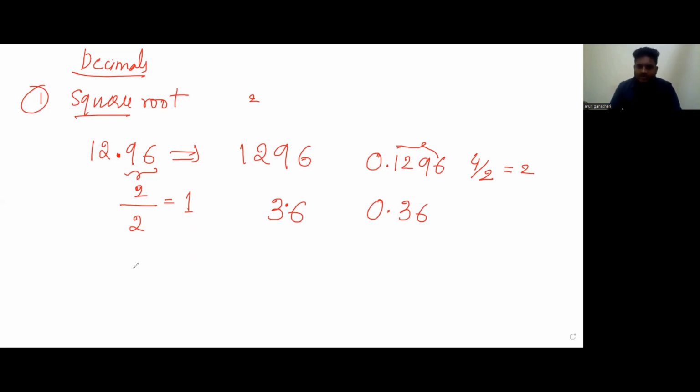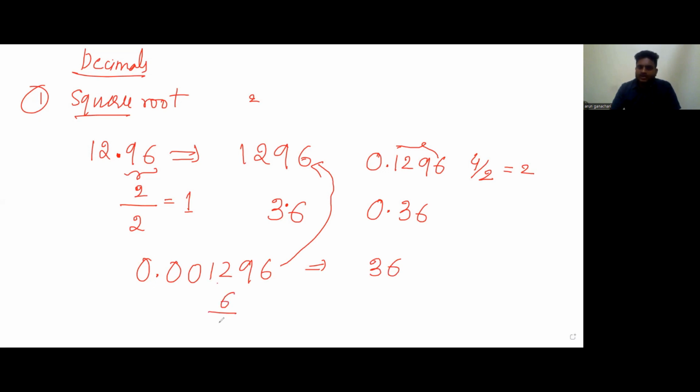Understanding what we are doing here? If your question was 0.001296, again the same procedure. Behave as if there is no decimal point. If there is no decimal point, my number would have been 1296 and its square root would have been 36. Yes or no? Now I will count the number of digits after the decimal. How many digits are there? 1, 2, 3, 4, 5, 6.